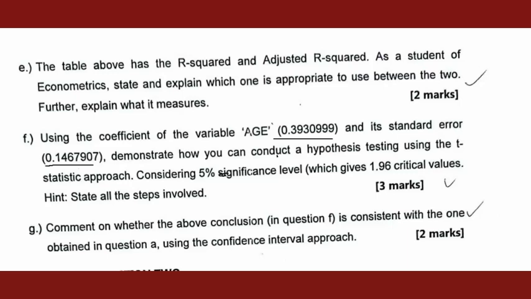From our calculations, we can see that yes, it's consistent, because in both we rejected the H naught, which is the null hypothesis, at this level of significance. In a single sentence, you can just say, yes, it's consistent at alpha equal to 5% or 0.05. We rejected the H naught and concluded that H is statistically significant.